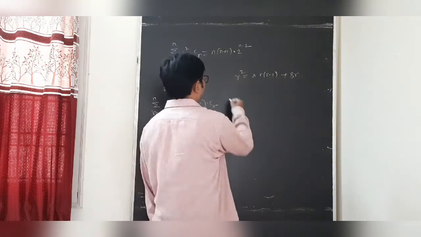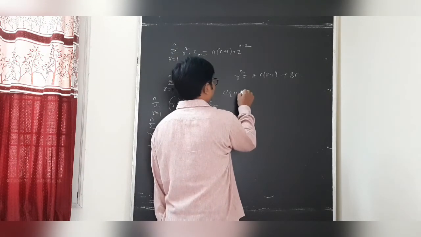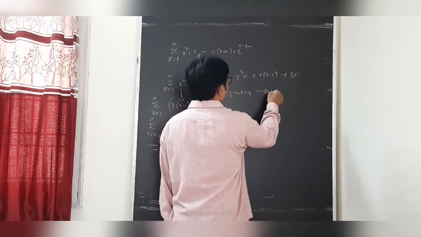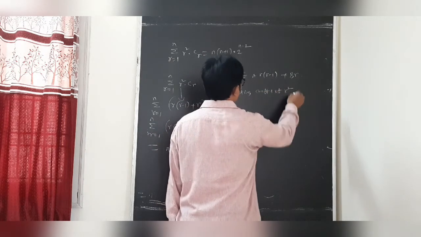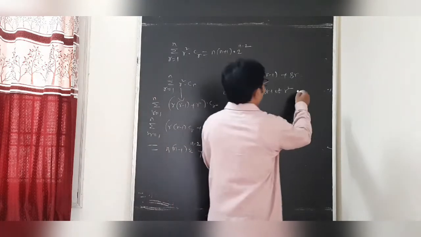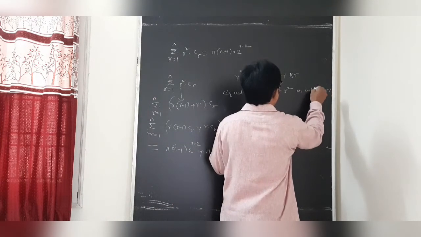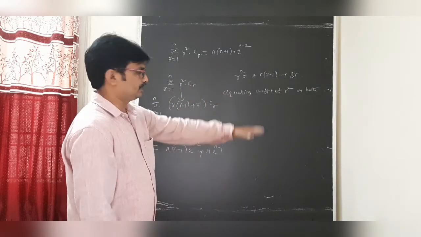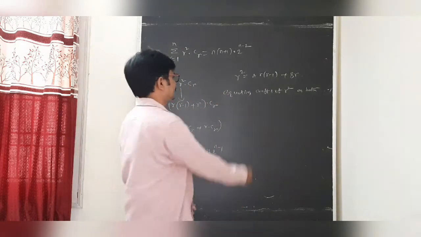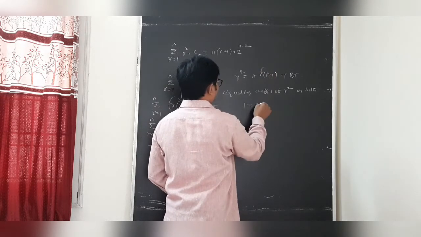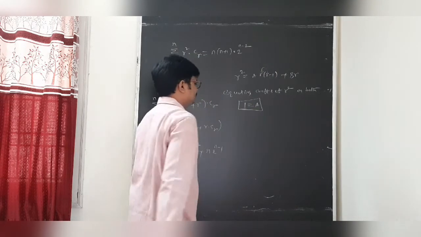Now we are equating the coefficient of r square on both sides. When we equate the r square coefficient, this is 1, students. So the A value is 1.